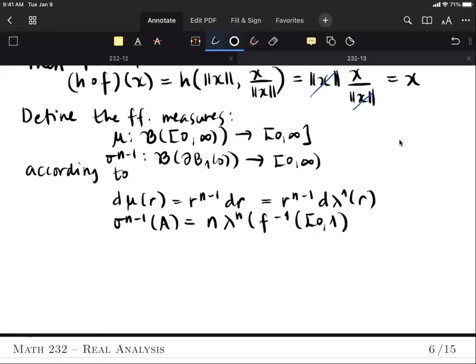So here we take radius less than 1, then take the Cartesian product with A. Of course, here A must be a Borel set on the unit sphere.